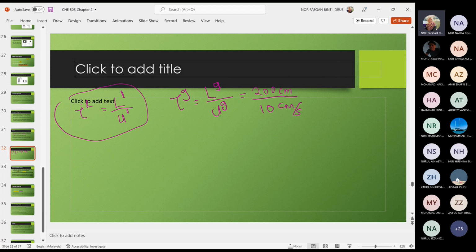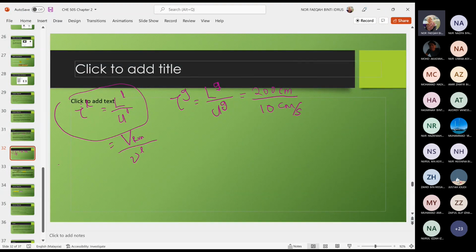But for the liquid phase, because we can calculate the volume, the residence time equals the volume of the reaction mixture divided by the volumetric flow rate.